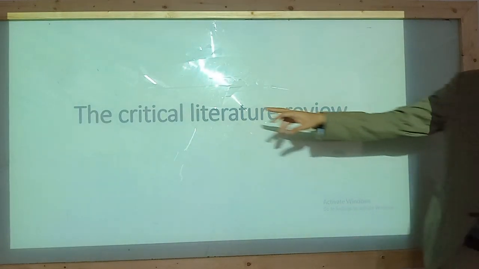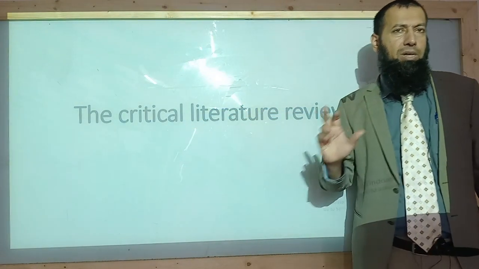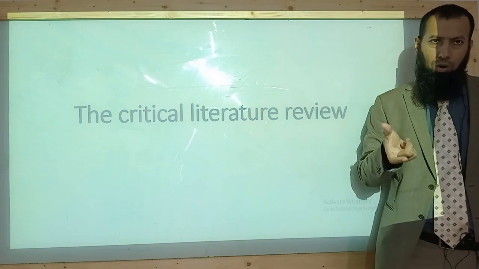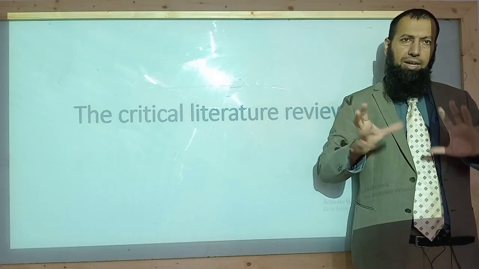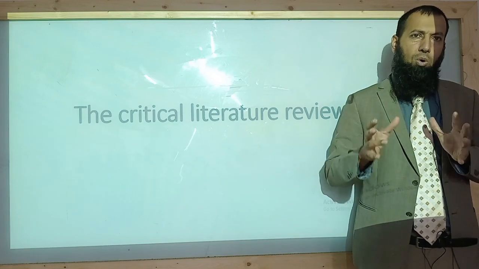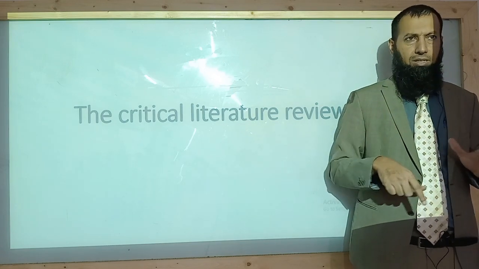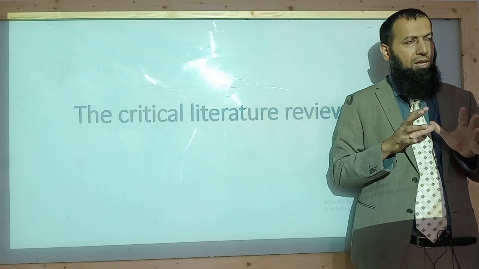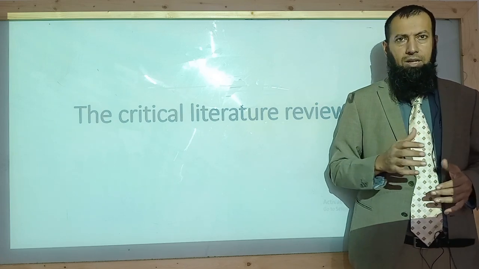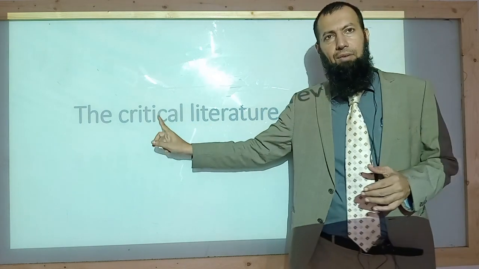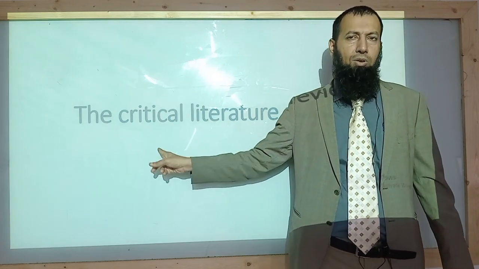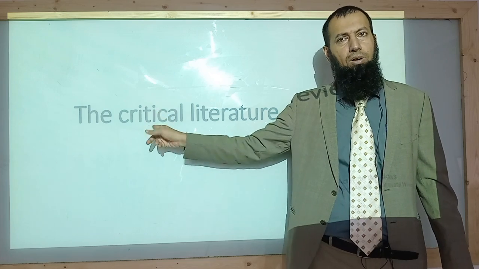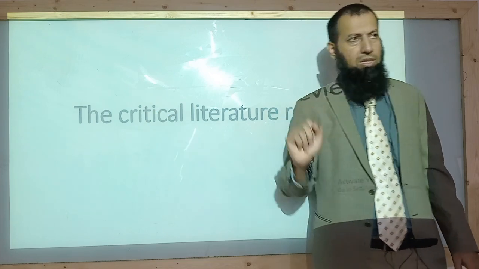When we say critical, it means you talk about the merits and demerits. Whenever I say critically review it, you talk about the advantages and disadvantages, the good and bad. That is called critical. When you only talk about the good, that is not critical. When you talk about the good and bad, you talk critically.